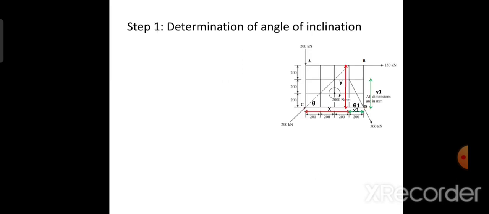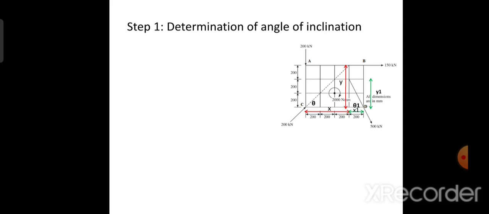So step 1 of this numerical is that we need to determine the angle of inclination. Here the first force I have taken as 200 kilonewton, and for that the angle of inclination is theta with reference to the horizontal.